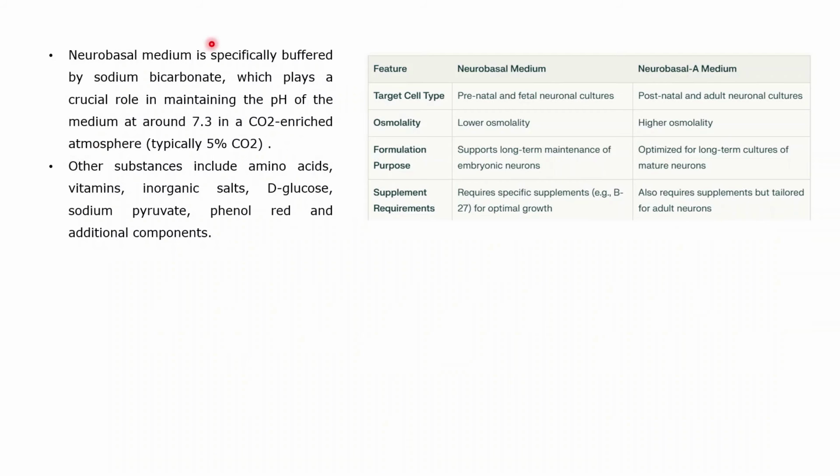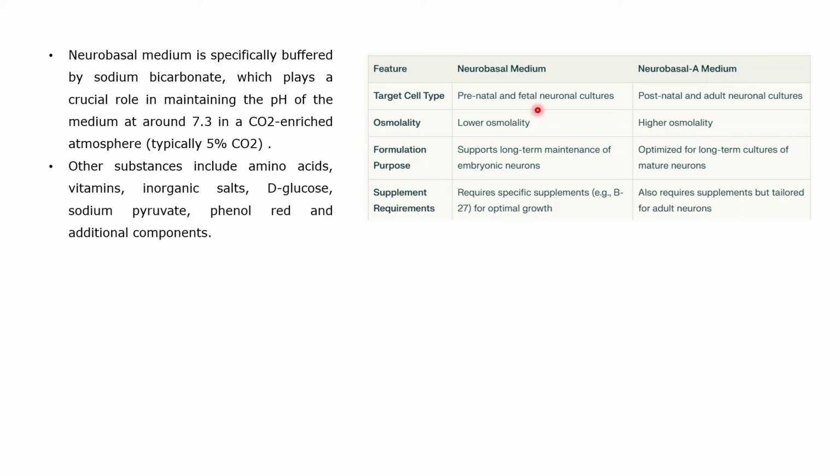It is used for growing neuronal cultures. Neurobasal media, or NB media, is used to culture fetal neuronal cells, while another preparation called NBA, neurobasal A media, is used for culturing adult neuronal cells.